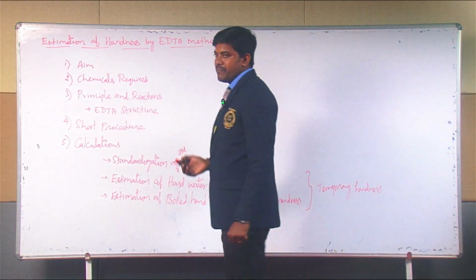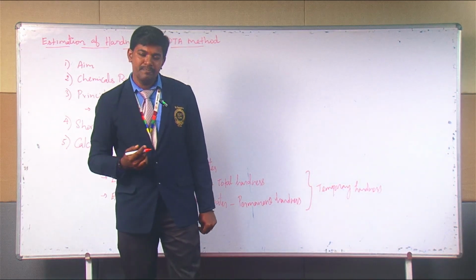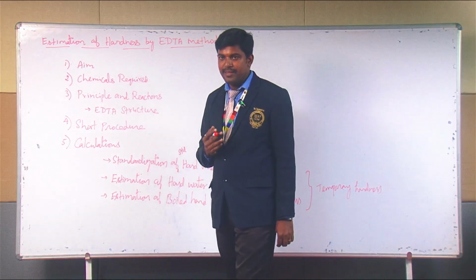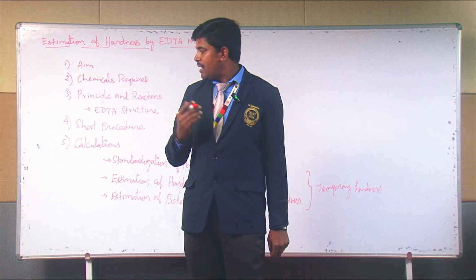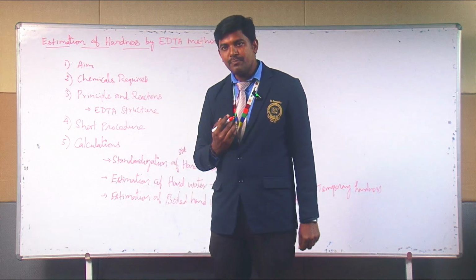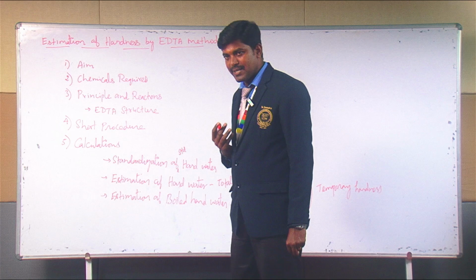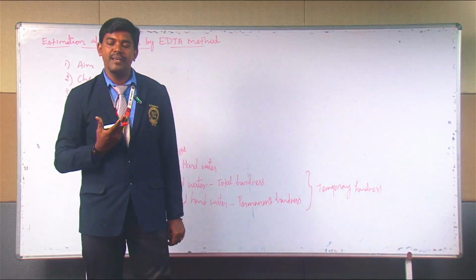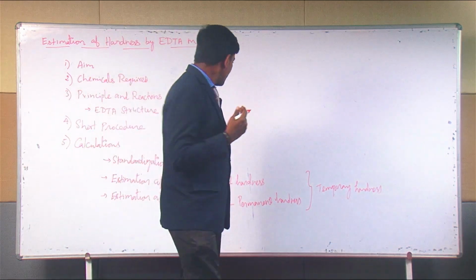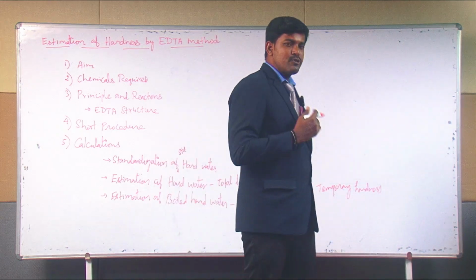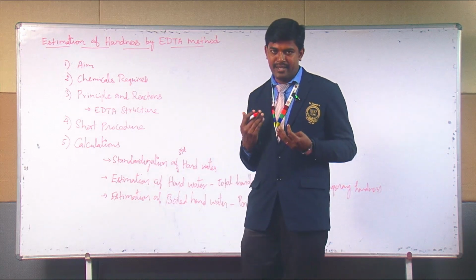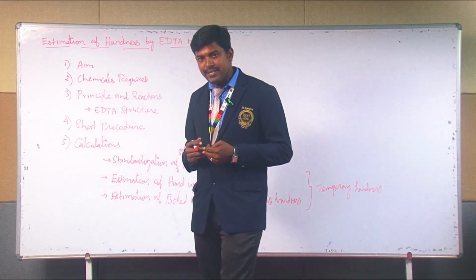First, the aim: why we are going to do this experiment, and what are the chemicals required for this experiment. Third one is principles. In the principle, we are going to discuss the reactions and reasons for the color change and the structure of EDTA. Fourth one, procedure. Actually, we have three titrations. The first one is standardization.